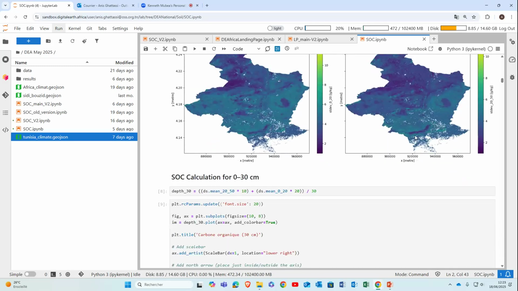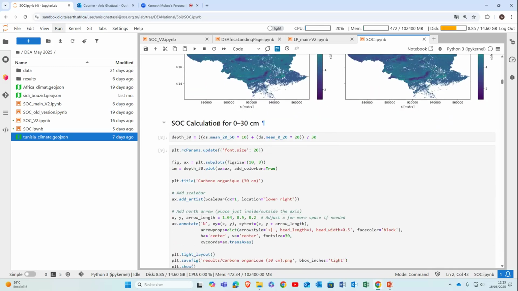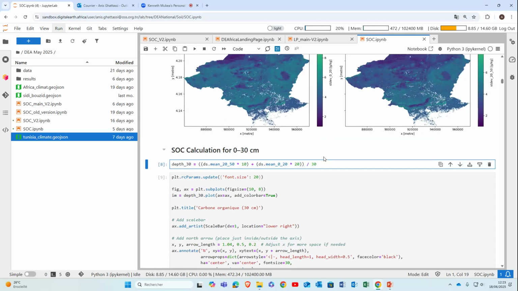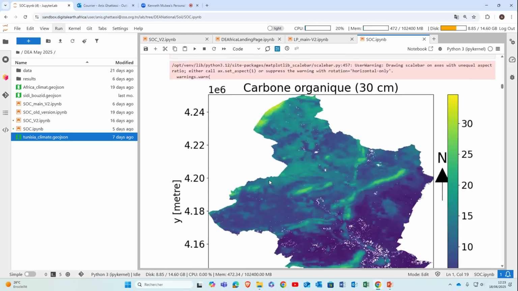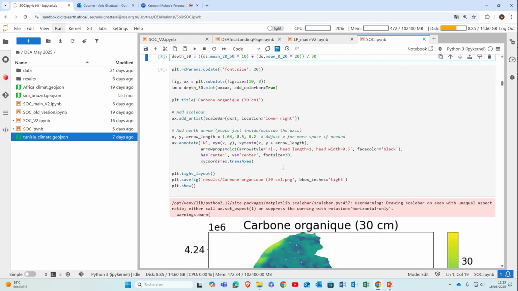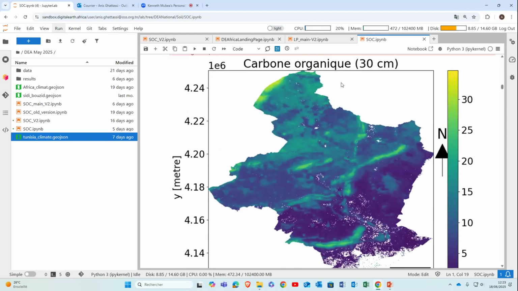Then, to calculate the soil organic carbon distribution at 30 centimeters of depth, we used this formula to calculate and extract the data at this level, meaning at 30 centimeters. Then we visualized the data results in this area.